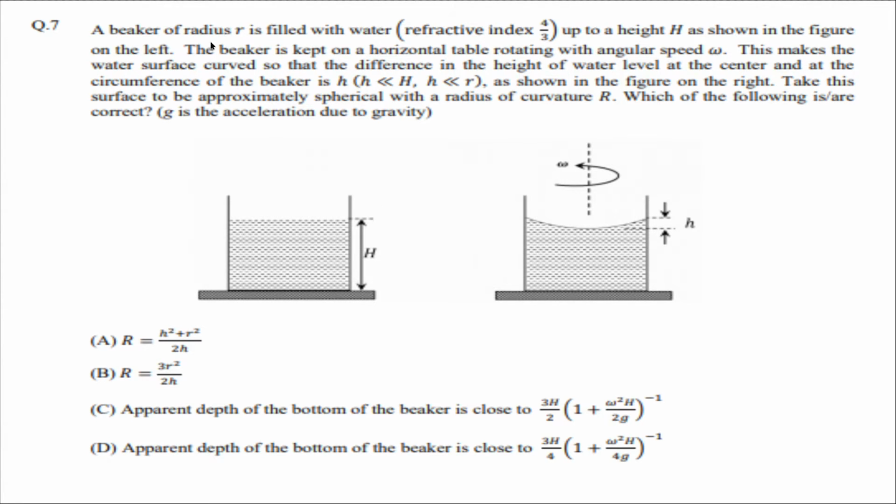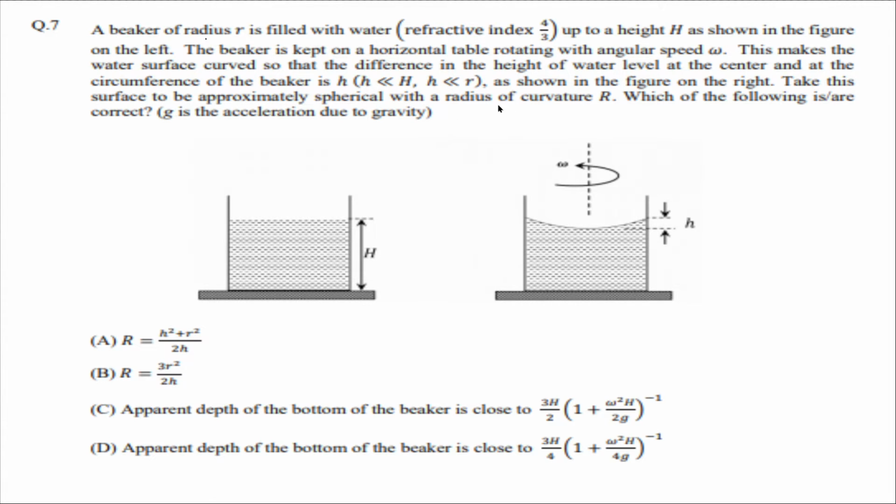It is given that a beaker of radius r is filled with water of given refractive index up to a height H, as shown, and the beaker is kept on a horizontal table rotating at an angular speed omega.